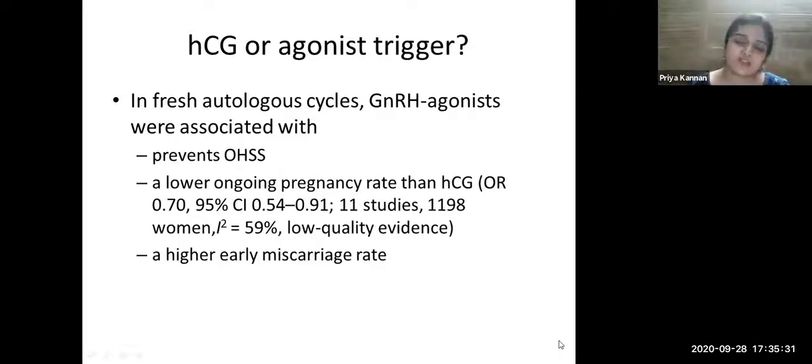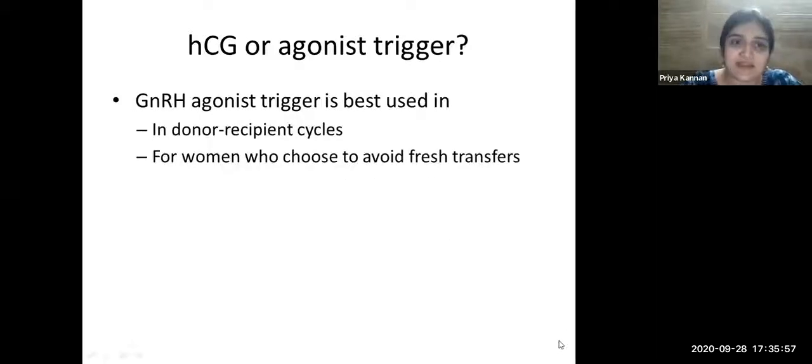Once we have done the ovarian stimulation, we want to trigger. Now we want to know whether I should use HCG or an agonist trigger. In a fresh autologous cycle, GnRH agonist trigger is associated with less or no OHSS, but it is also associated with a lower ongoing pregnancy rate and a very high miscarriage rate. So where can we use an agonist trigger?